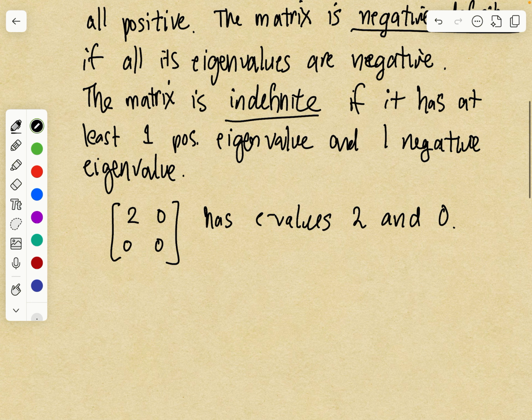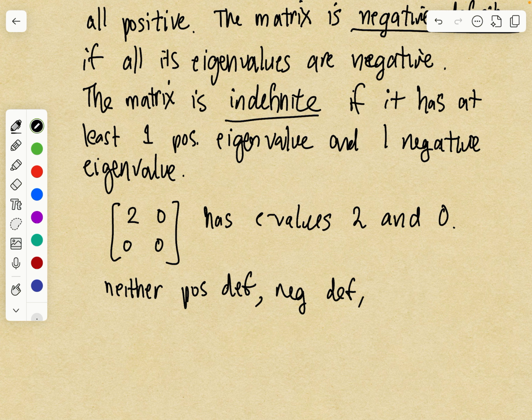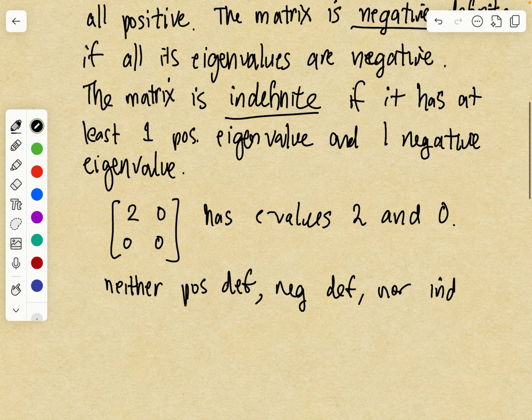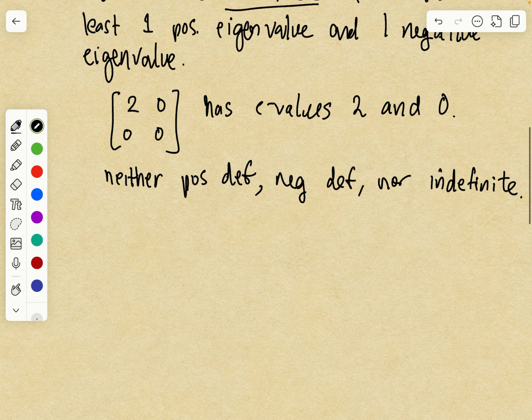And it's neither positive definite, negative definite, nor is it indefinite. It's not indefinite either because it doesn't have any negative eigenvalues. Such a matrix is not invertible. And in this video, we're going to stick with invertible matrices, so we're going to ignore what happens when you have eigenvalue 0.